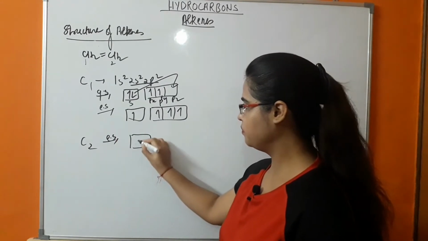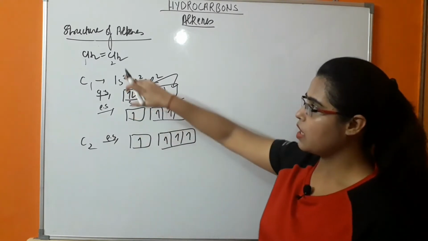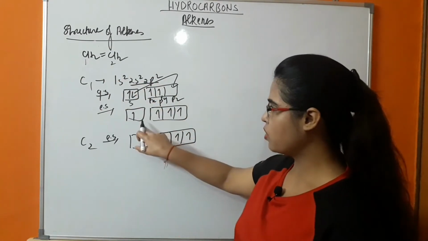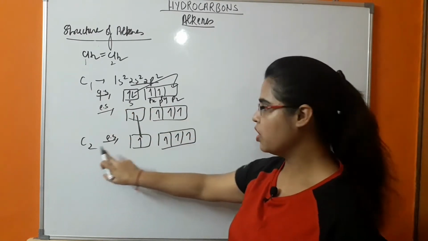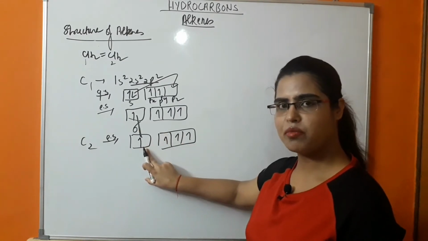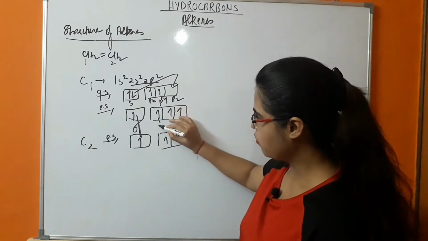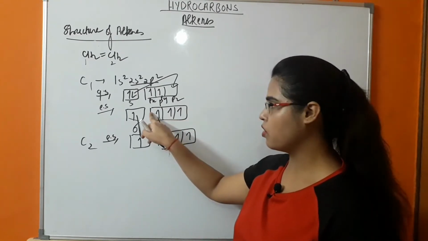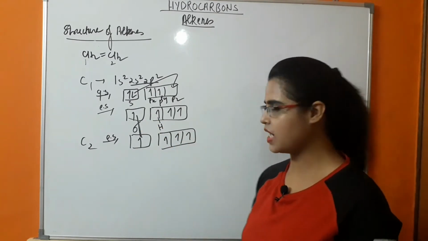Similarly for the second carbon. Now, how many hydrogens are attached to each carbon? That is 2. The first bond formed between carbon 1 and carbon 2 is a sigma bond, formed by the actual overlapping of orbitals. The next electron bonds with hydrogen: one electron from hydrogen and one electron from carbon are shared, so a covalent bond forms.